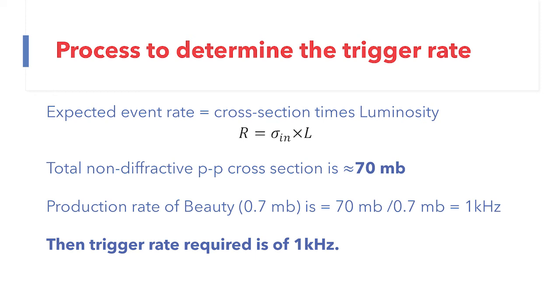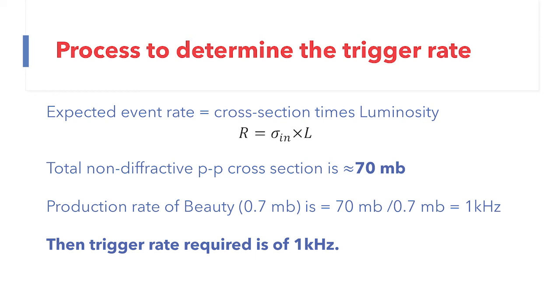Okay. Then total non-diffractive PP, I'm taking the simple collision, that is proton-proton. A simple proton-proton cross-section has got 70 millibarn. Then the production rate of a beauty particle, which is a particle in particle physics, has 0.7 millibarn, which is 1 kilohertz.